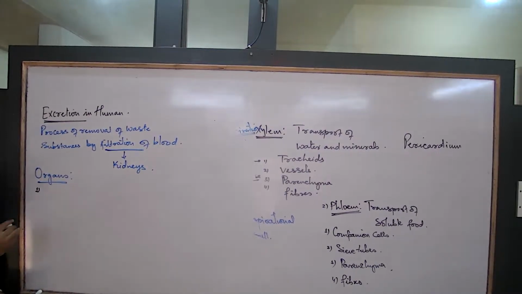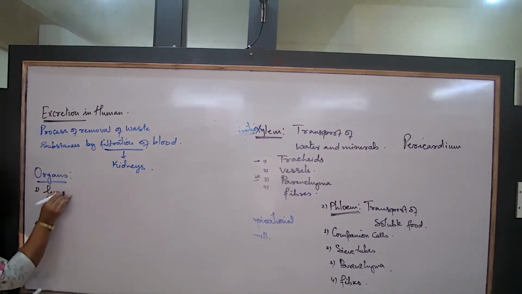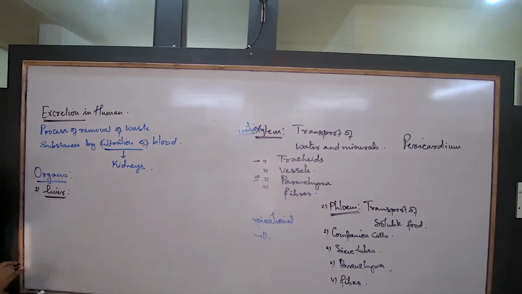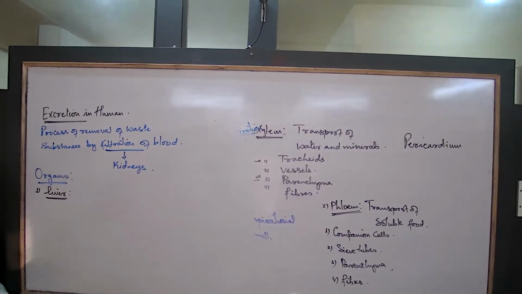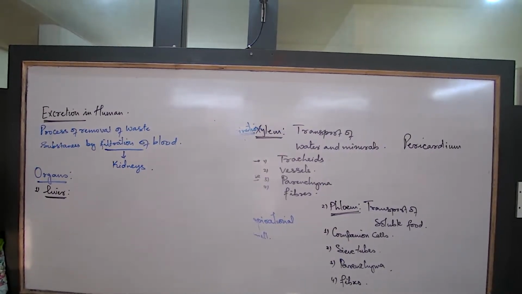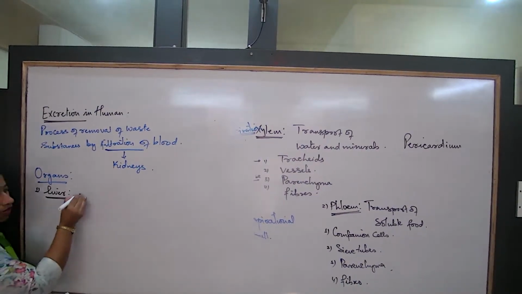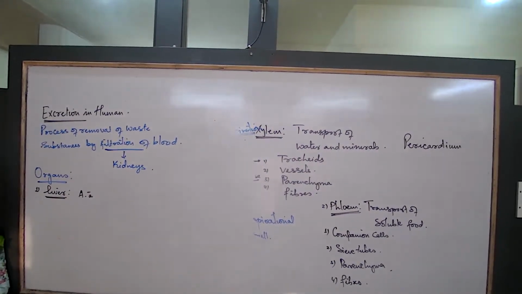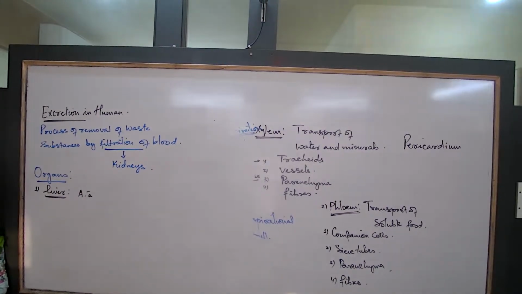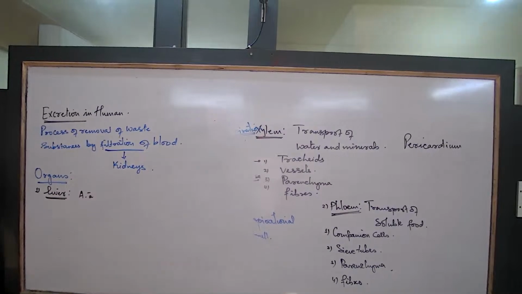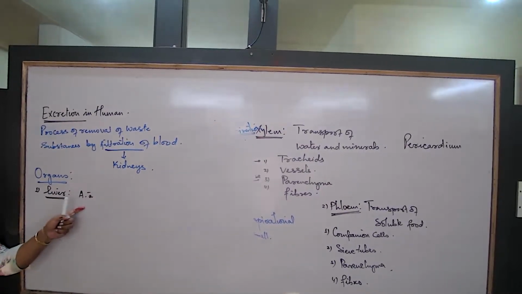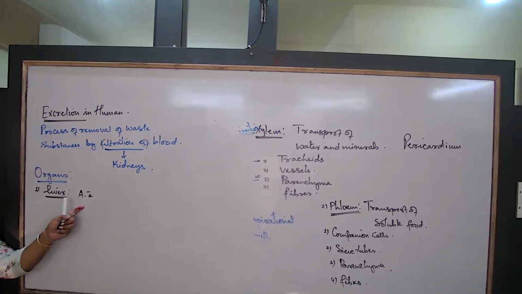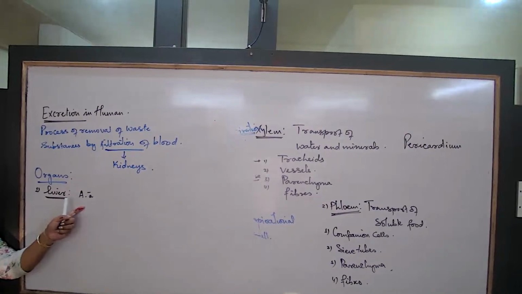The first that I would talk about is the liver. Is the liver considered as an excretory organ? Yes. When we are talking about the liver, what is the first reference to understand? The amino acids. From where do we get amino acids? After the process of digestion and absorption, proteins are completely broken down to amino acids, and these amino acids, by way of blood circulation, get deposited into the liver cells.